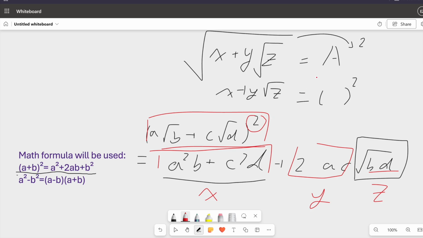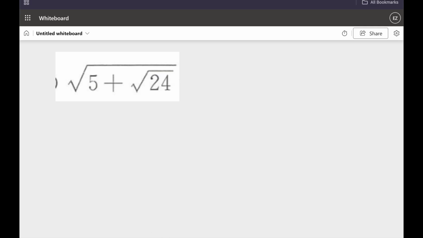Based on this, we can do some problems. Square root of 5 plus square root of 24. First, we observe. Because we want to get something perfect square, we need something in the form a squared plus b squared plus 2ab.